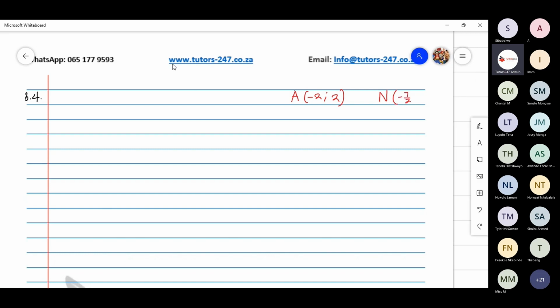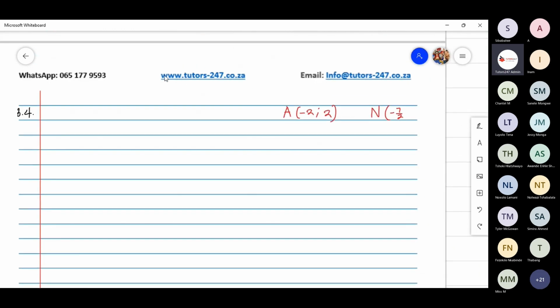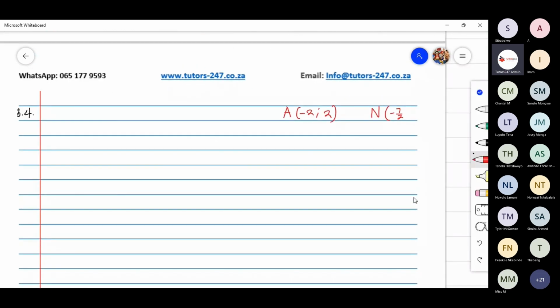Was it negative or positive? It was negative. So -7/2 and 0. Now, our distance formula is D equals the root of x1 minus x2 squared plus y1 minus y2 squared. Okay, now I'm going to make A my 1 values and N my 2 values.